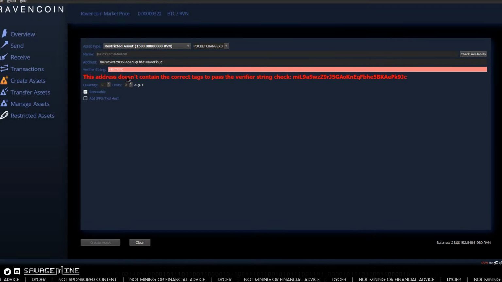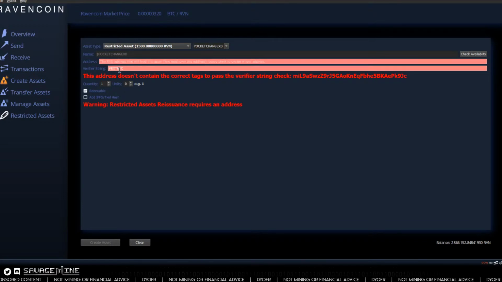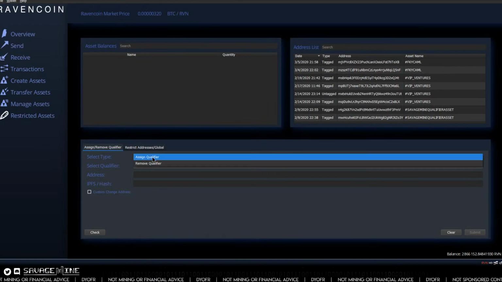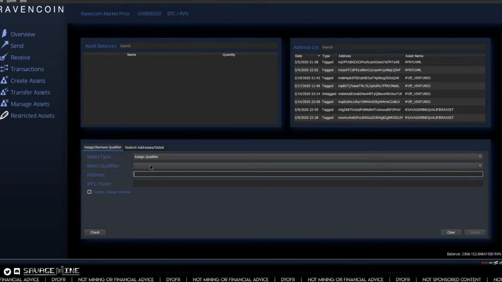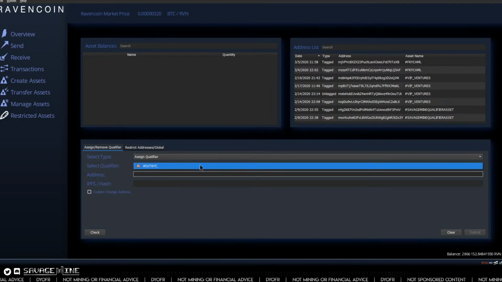I mean, it is telling me that it doesn't contain the correct tags, so I'm thinking that this address is not what I need. I think what I need is, or I'm forgetting something here. Maybe I need to... Okay, so there's our tag.